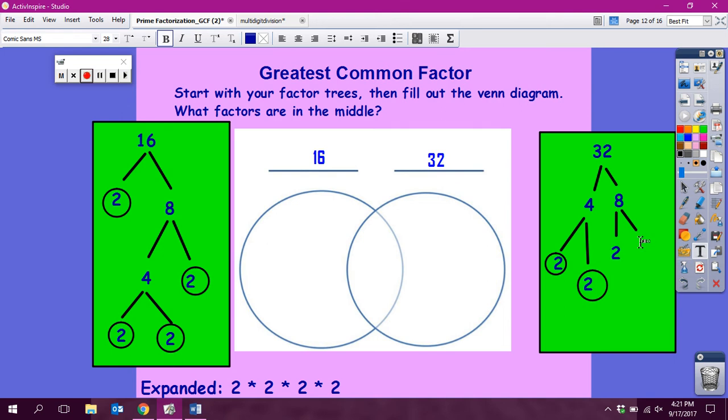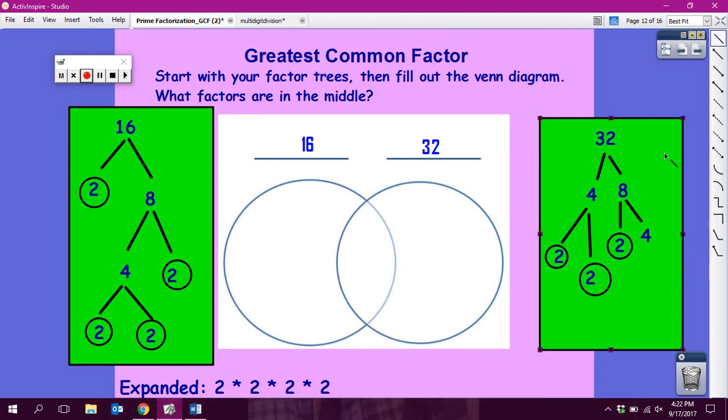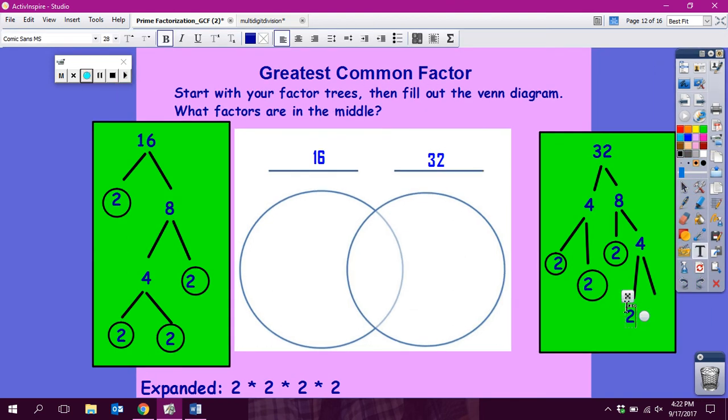And again, it doesn't matter what order you do this in, guys. You should all get the same prime factorization at the end. So I know 2 is prime, but 4 is not. Gotta break that down. Whew, this is a funky looking tree. Alright, 2 and a 2. Awesome.